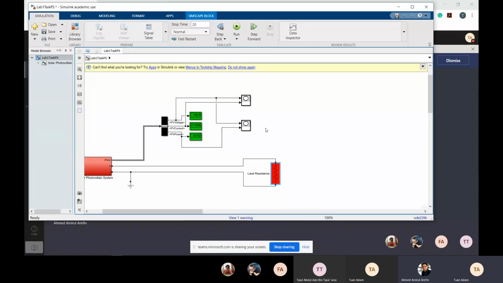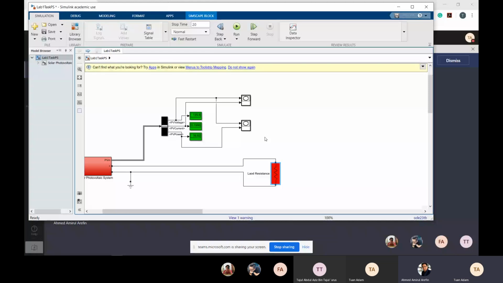The main issue is that you have to analyze how and why you put the load resistance 1000. You have to explain the reason behind this, that after simulating it you can see the values and why it's showing like this. This is the main issue.